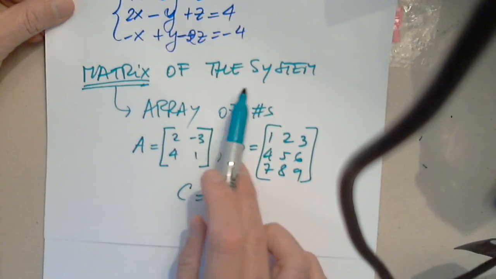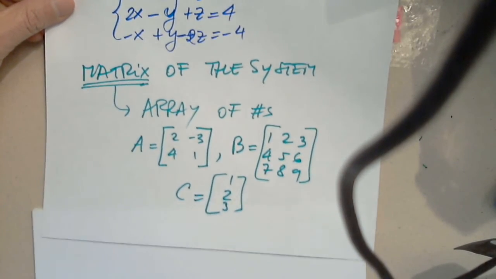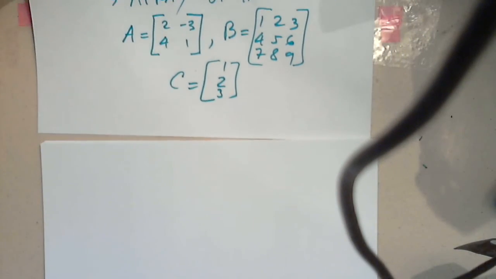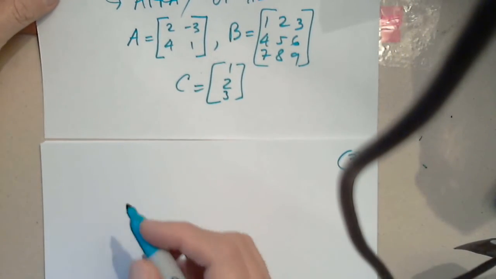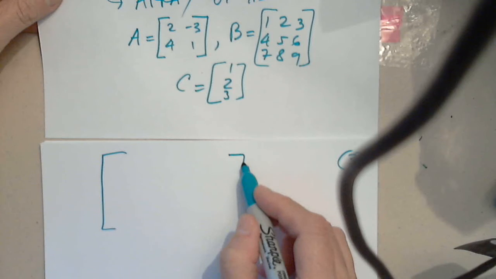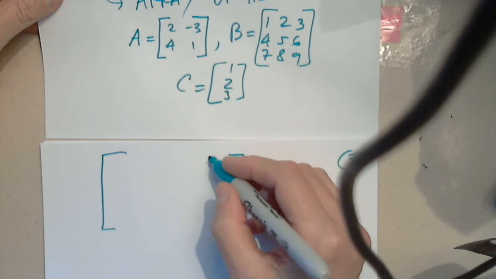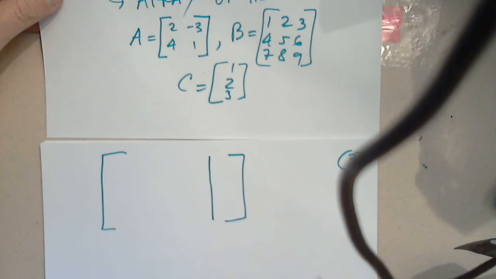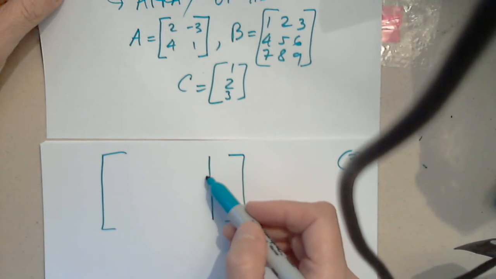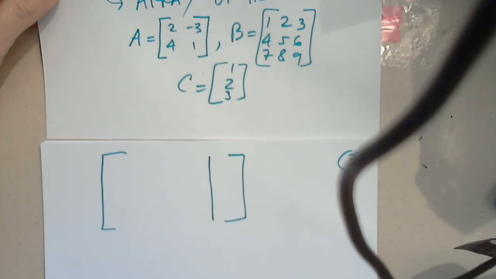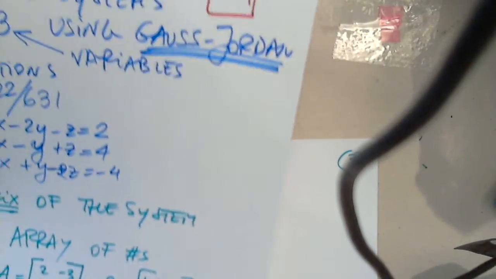Okay, but what is the matrix of the system now? The matrix of the system consists of all coefficients that we see, with a bar representing the equal symbol, basically. What do I write?